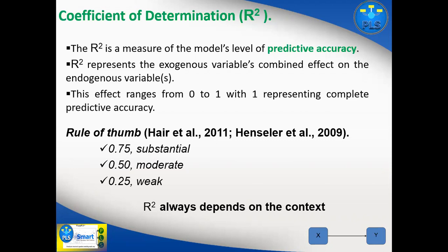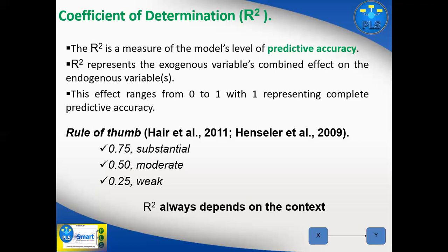If you have less than 0.25, or less than 25%, it is weak. Do you understand? So if you have 0.4, yes, it's moderate. It's only below 0.25 that is weak.